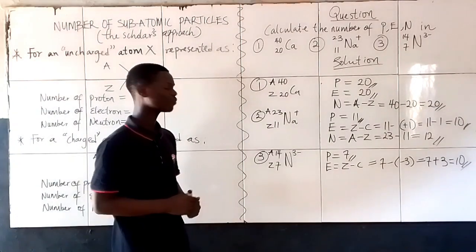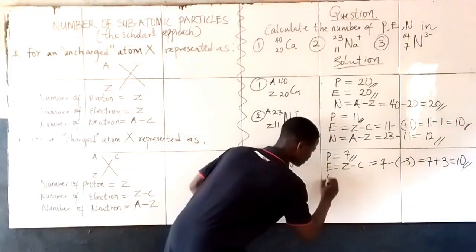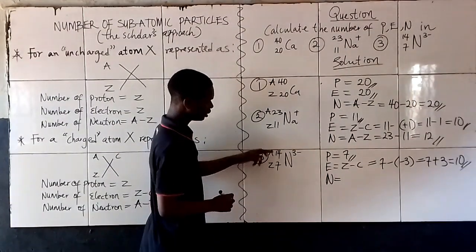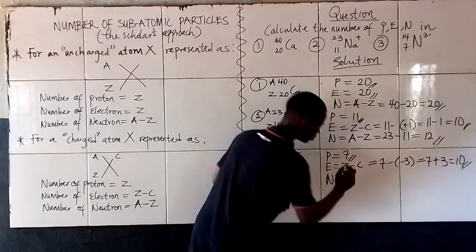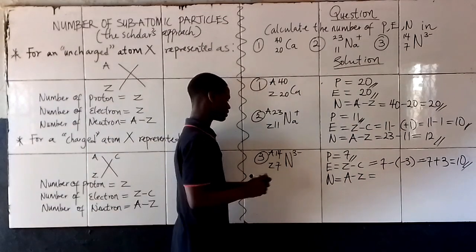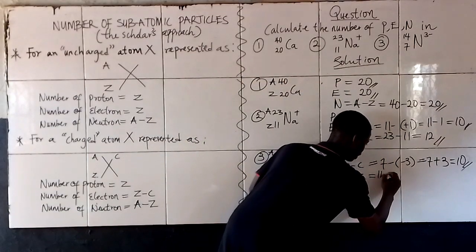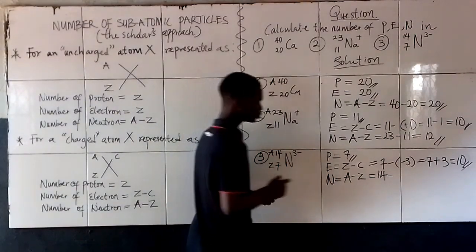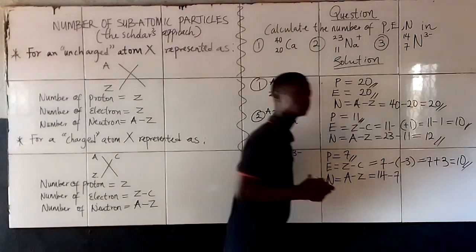Lastly, we are going to watch out for the neutron number. So we say N here is equals, like I said, the formula for neutron number does not change. It is A minus Z. So come here and write A minus Z. And what's our A, guys? A is 14. And what is our Z? Z is 7. So write 7, guys.